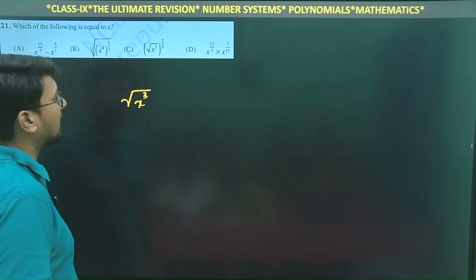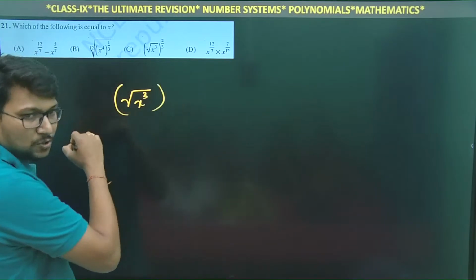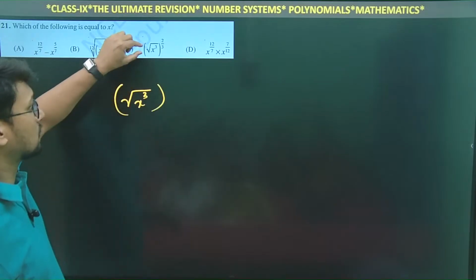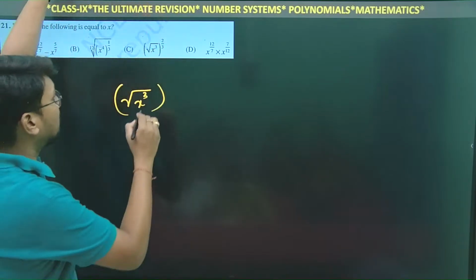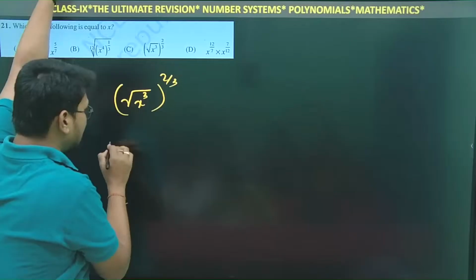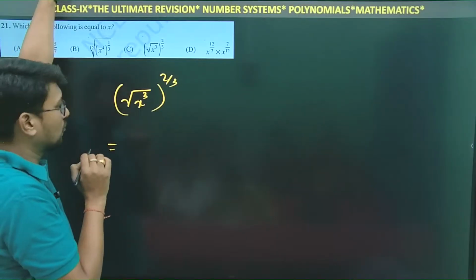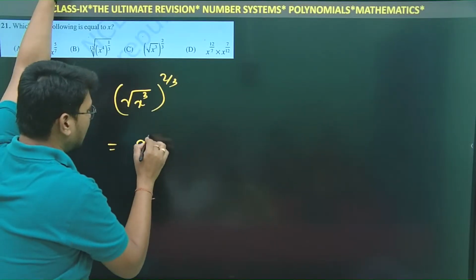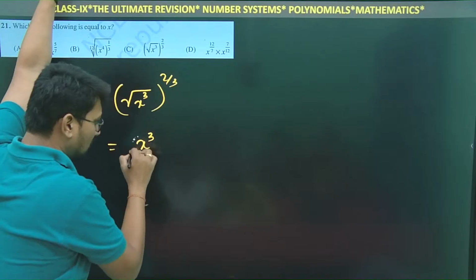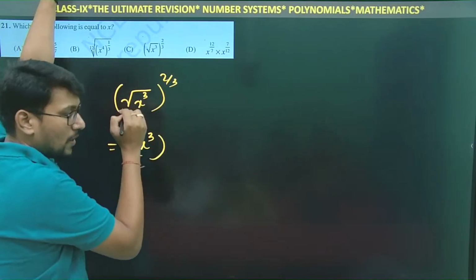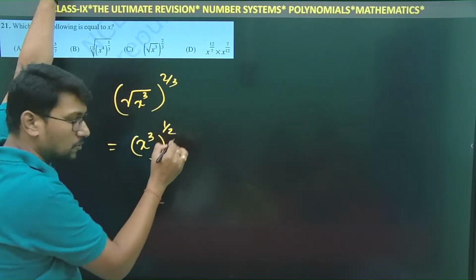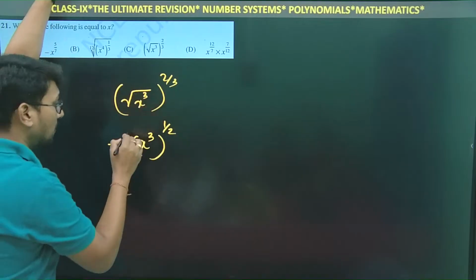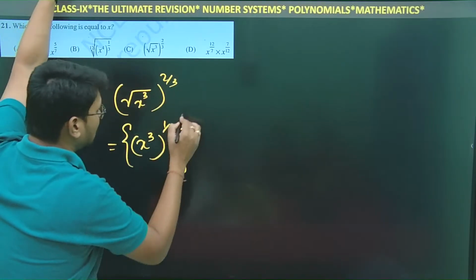It is square root of x cube whole to the power 2 by 3. Hence, we have to write this as x to the power 3, those square roots. So power would be 1 by 2, you know, whole to the power 2 by 3.